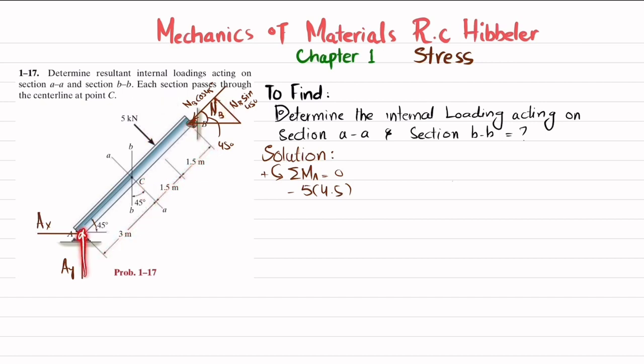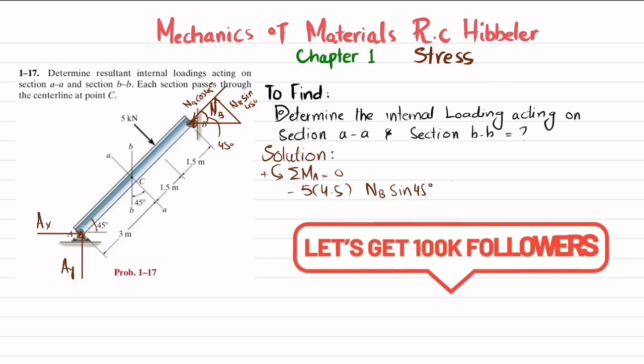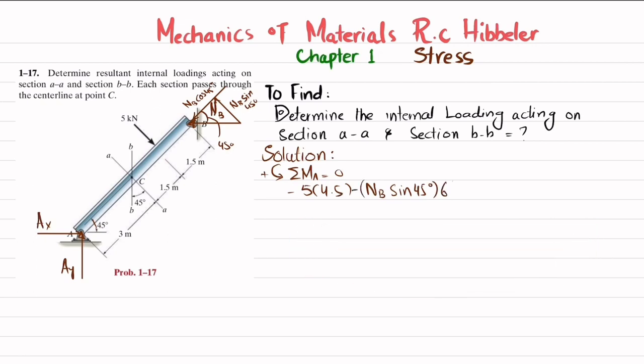These two forces are not producing any moment because they pass through the point, and this horizontal component also does not produce any because it passes through this point. So I will write the vertical component, NB sine 45 degrees, multiplied by the perpendicular distance 6, and this is counterclockwise, so positive.